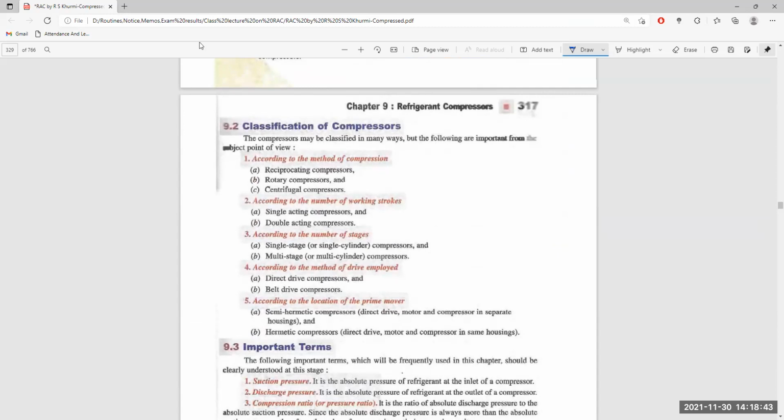According to the method of compression, it is reciprocating compressors, rotary compressors, and centrifugal compressors. In a reciprocating compressor, the piston reciprocates.